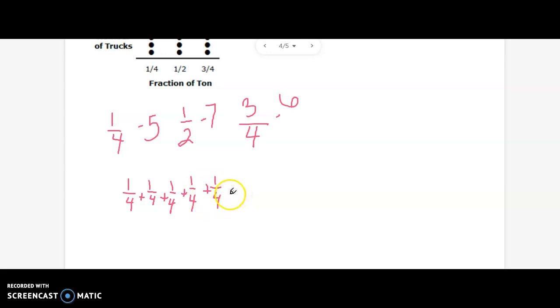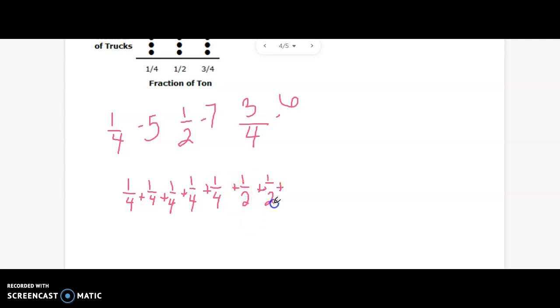And then we could go and add 1/2 to that 7 times. Oh no, Mrs. Miller, you're doing it wrong. Not 1/7. There's 7 1/2s. Oh my Lord. Let's change that. So 1, 2, 3, 4, 5 1/4, and then 7 1/2s.